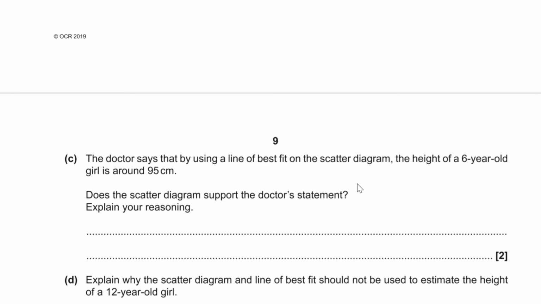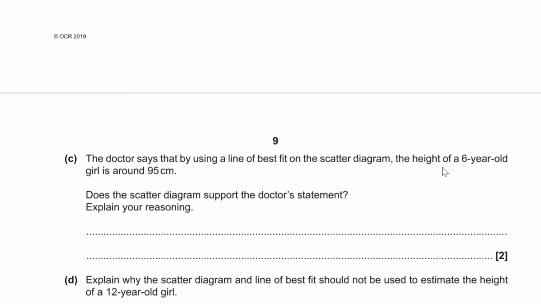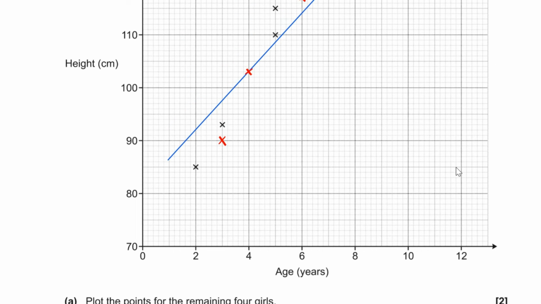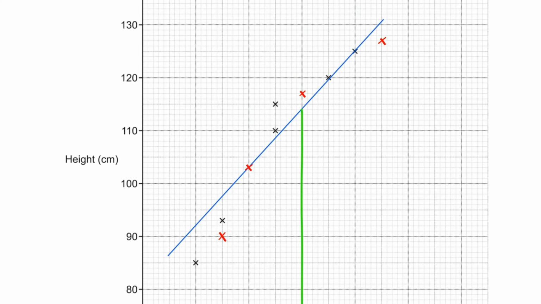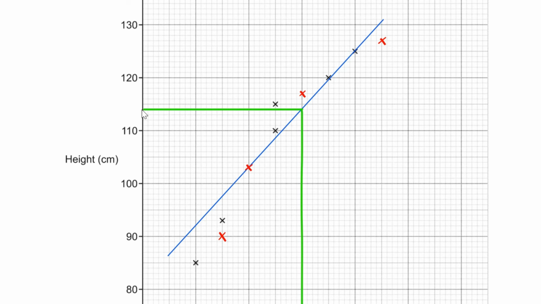Now, we have here the height of the girl being 95 centimeters of a 6-year-old girl. So with a 6-year-old girl, if we draw a line up, as we see here, so let's just do this in pen. And then if we draw a line across from this point, what you'd find is we have a height of 114.